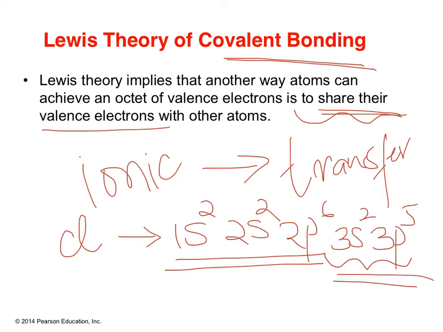It's the valence electrons that are involved in covalent bonding, and chlorine has 7 valence electrons. How are those valence electrons represented? So chlorine 1, 2, 3, 4, 5, 6, 7, right? So chlorine atom has 7 electrons.